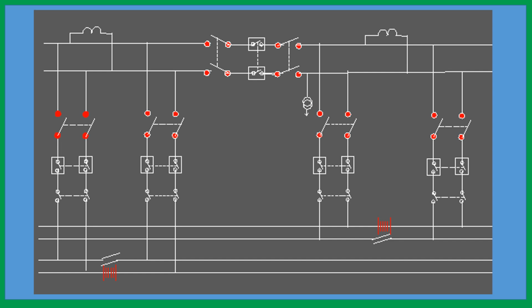But for siding line, better to provide neutral section, and then you give the feed: the output side of the circuit breaker will go to the siding line after the PTFE neutral section. So it will be converted into 25 kV.